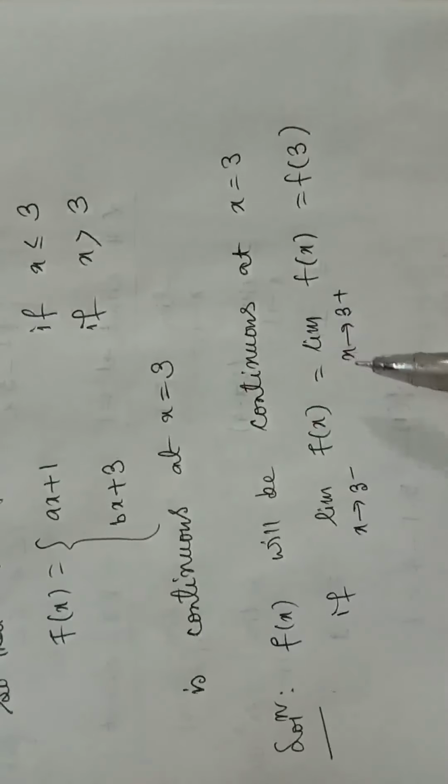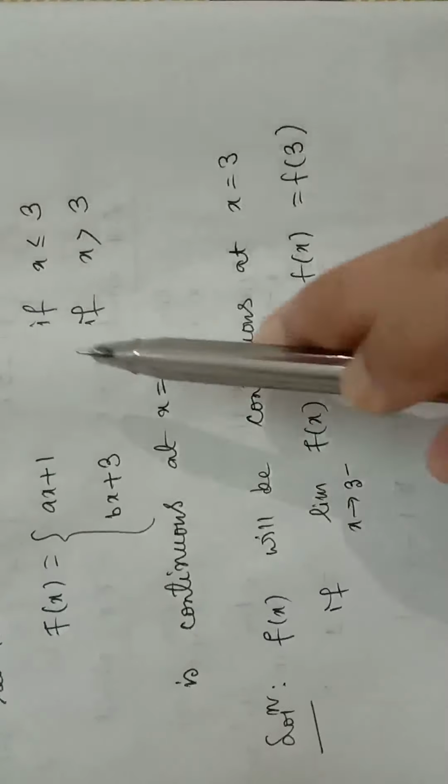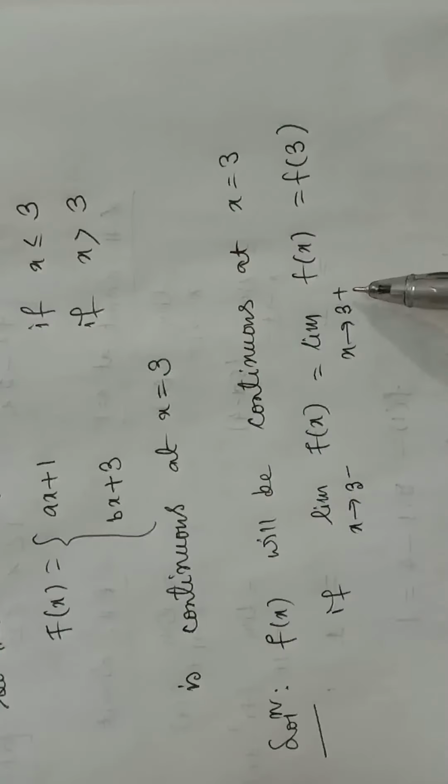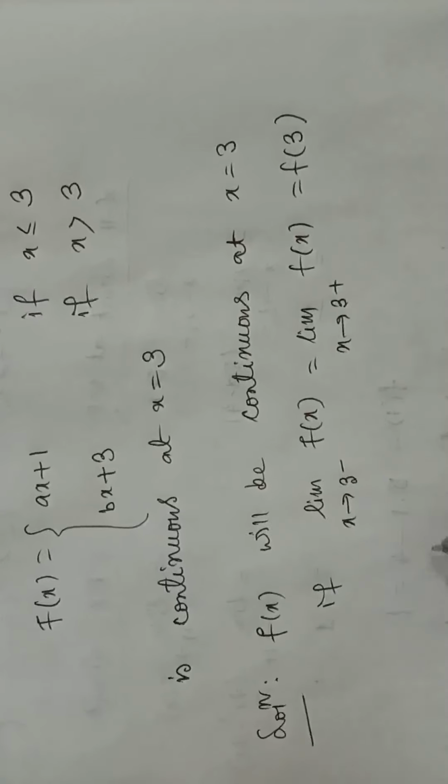This is the definition of continuity at x equal to 3. This is given in split form. So left hand limit, right hand limit, and value of the function. If these three are equal, the function will be continuous.